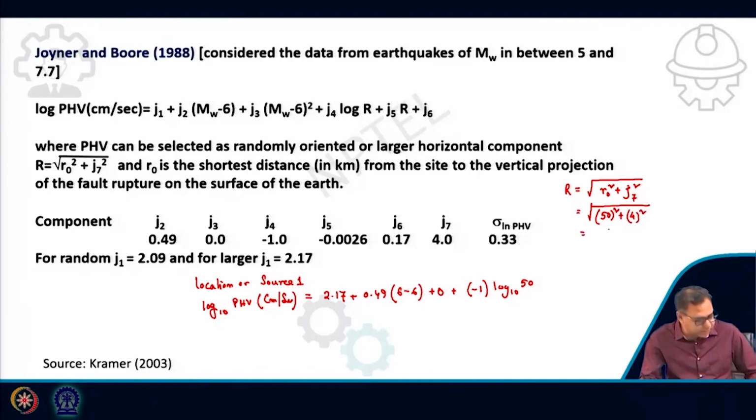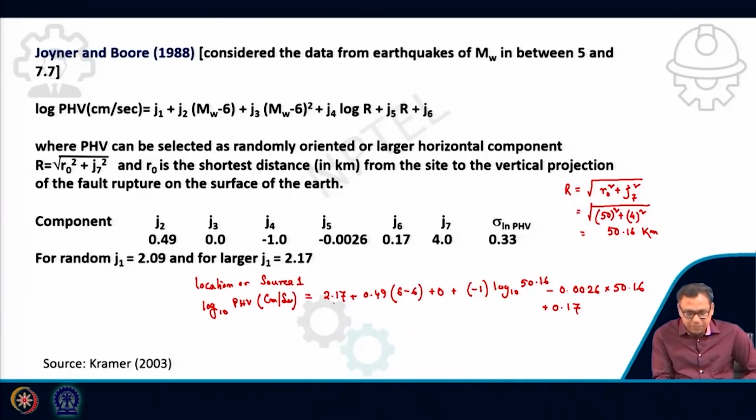So it will be around 50.16 kilometers, slightly increased. So this will be 50.16, plus J5 is minus 0.0026 into R, that will be 50.16. J6 is plus 0.17. Clear?